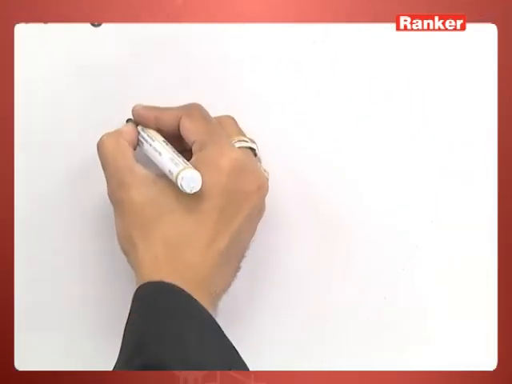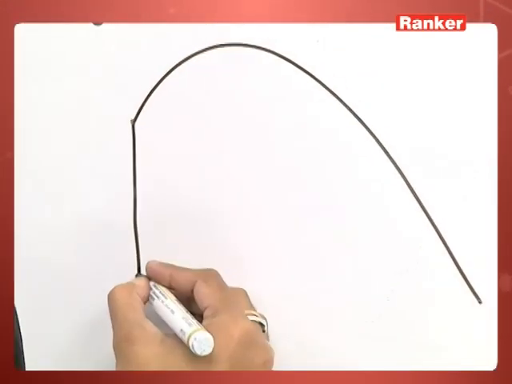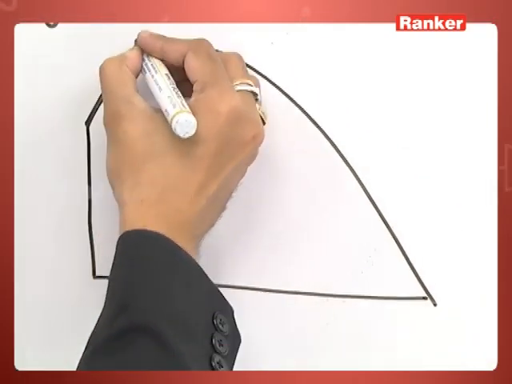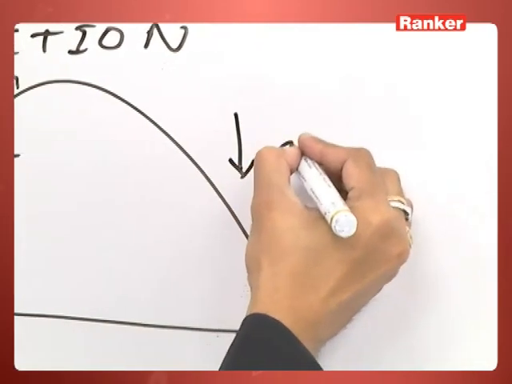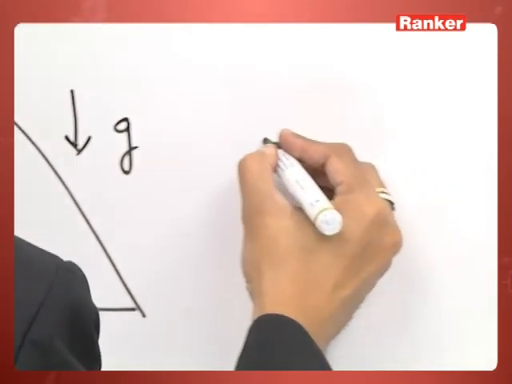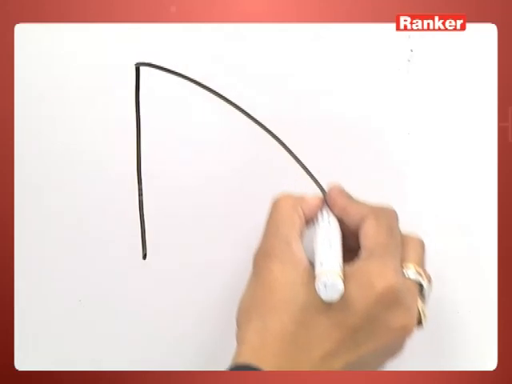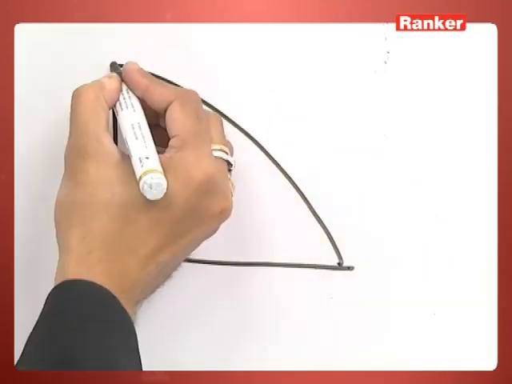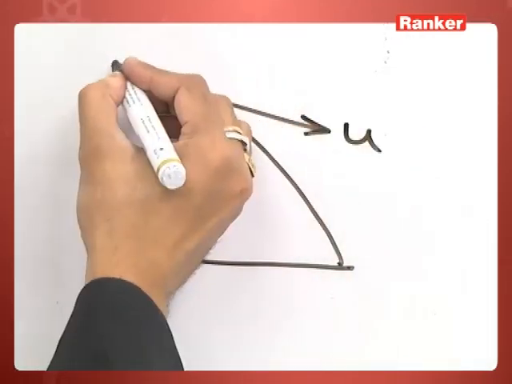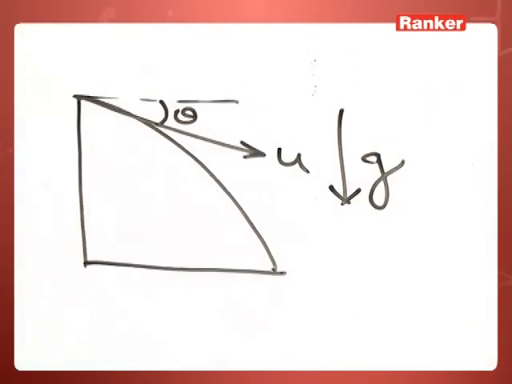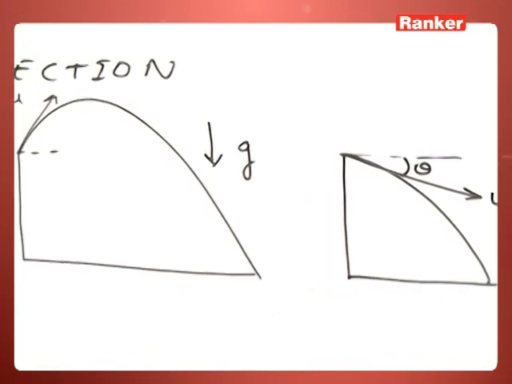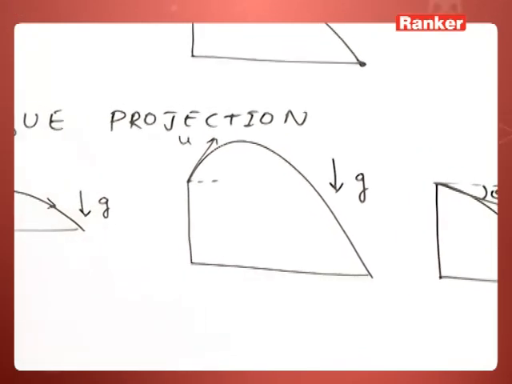This is also an oblique projection. G is still acting. And this is also an oblique projection. G is still acting. This is oblique projection. We will consider it in a few classes.